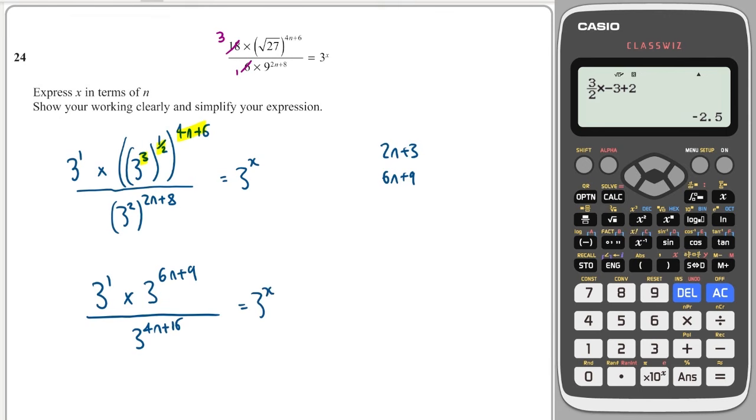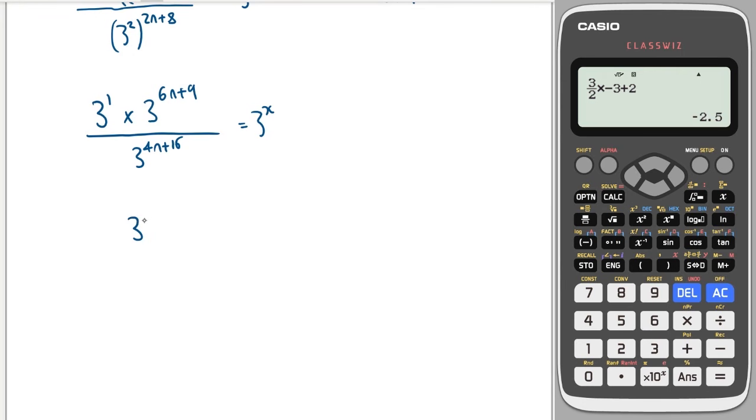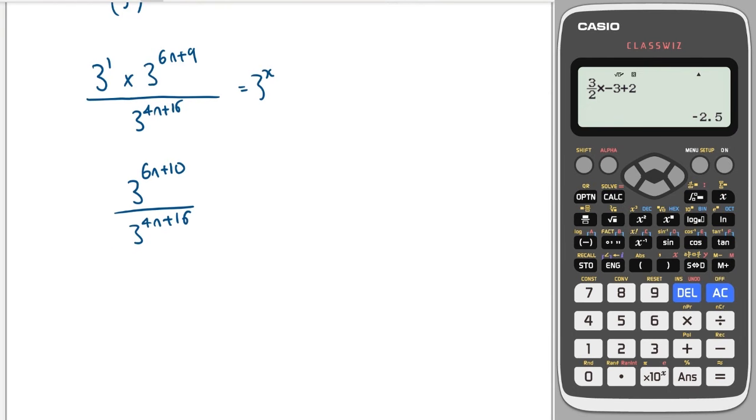Okay, now what do we do when we're multiplying two 3's in this case? What happens to the powers? We add them. So this is going to give me 3 to the power 6n plus 10 all over 3 to the 4n plus 16. And what do we do when we are dividing 3's? Well, we subtract the powers.